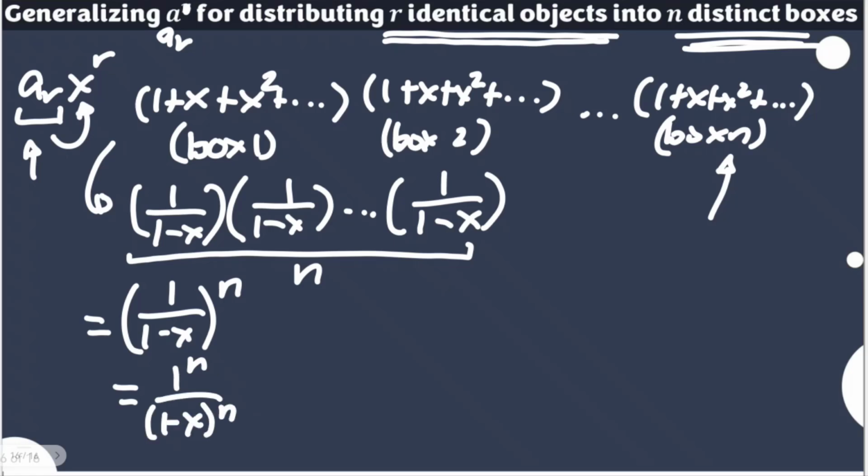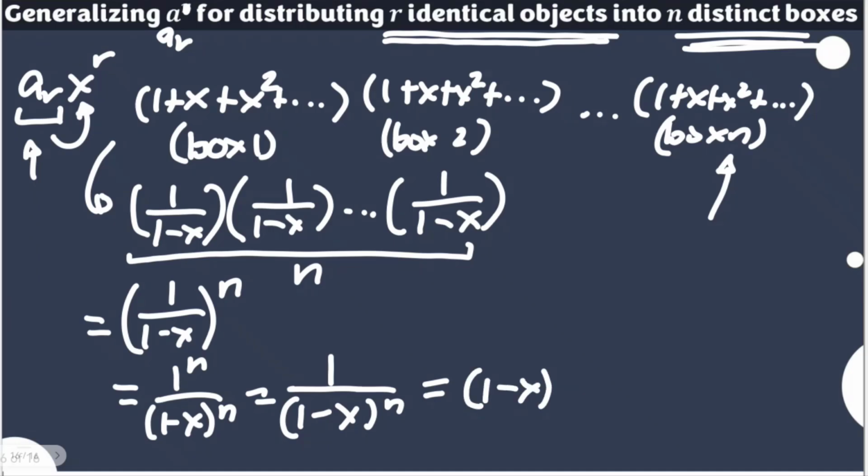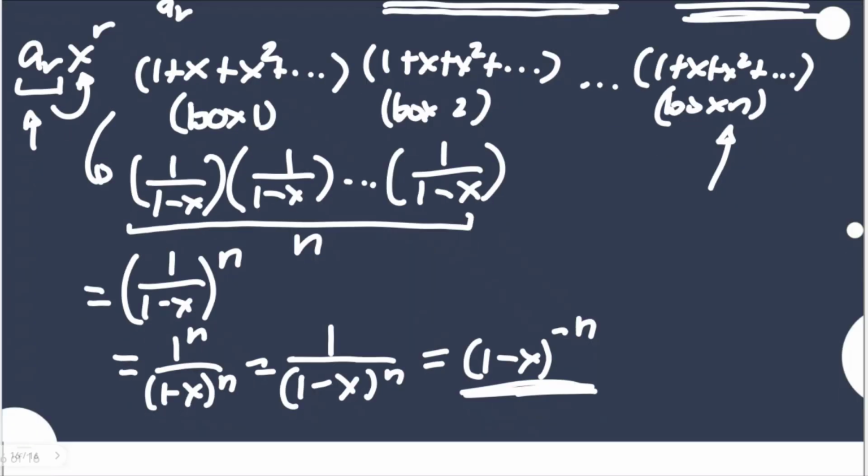Since the numerator is just 1, regardless of what n is, it is equal to 1. Our denominator is 1 minus x to the power of n. Writing that using the law of negative exponent, we have 1 minus x to the power of negative n. And this item has a specific equivalent identity previously discussed in this playlist.